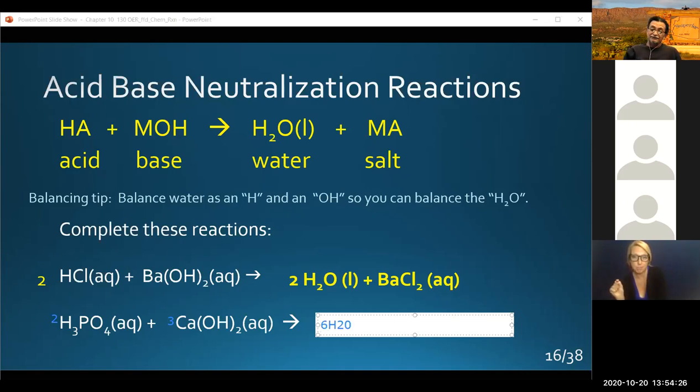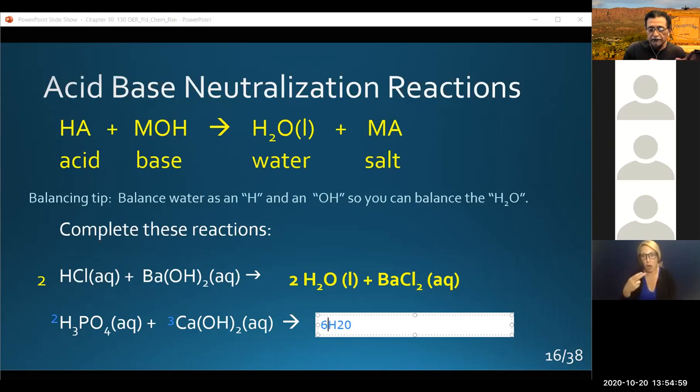How many waters am I going to make? How about 6? Would you guys agree or disagree? You get 6. Because the hydroxides, I use the analogy of the tires, and the protons represent the frame of a unicycle, a 1-wheel bicycle.